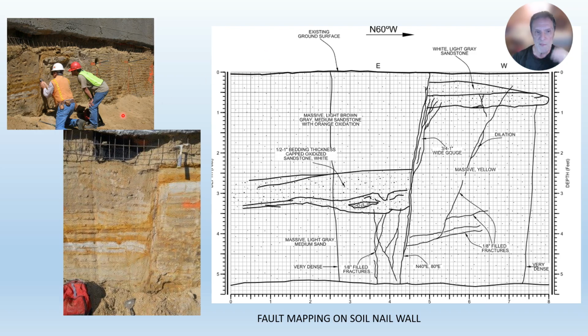Here's another fault that I found, or actually a soils technician found this, and he called me out to look at it. You can see very clearly this is a fault where the bedding has been displaced. This white sandstone should match up with this white sandstone up here, but the fault has displaced the sandstone a couple feet.